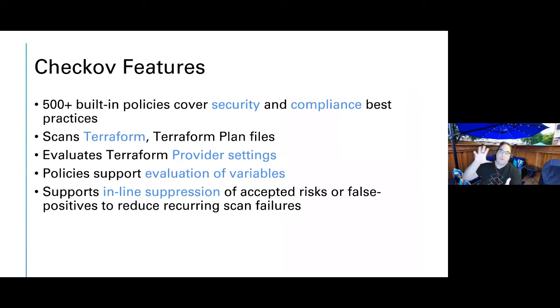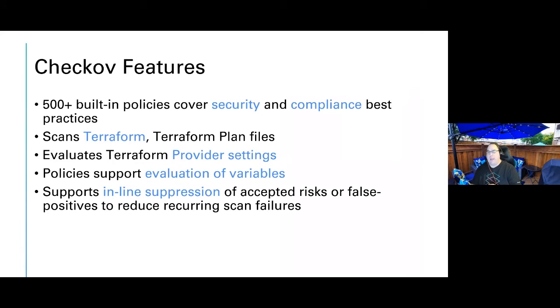Now, when you look up Checkov by Bridge Crew on the GitHub page, there are lots of examples of how to use it, how to run it in a pipeline, or how to run it in a Docker container, which we'll do in a moment. There's also a new version coming out, I think next month. I don't know exactly when.